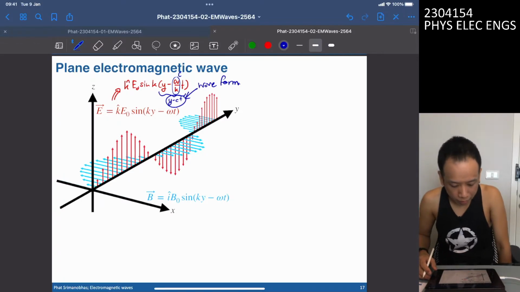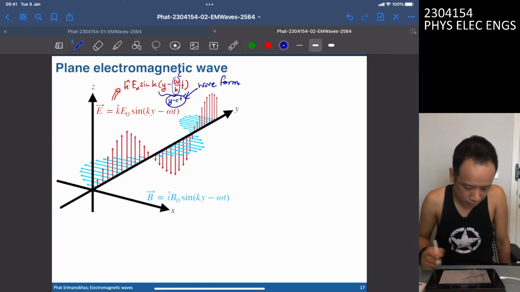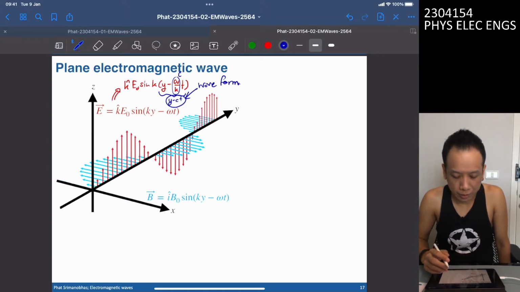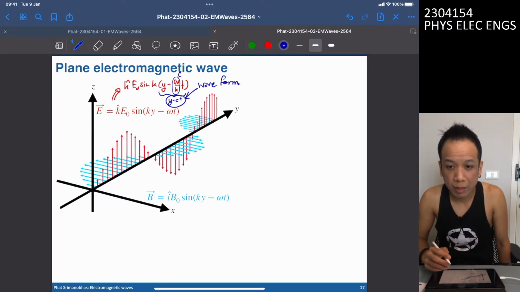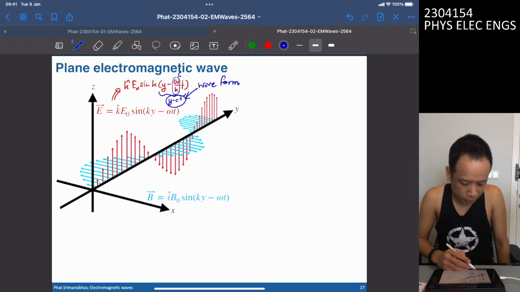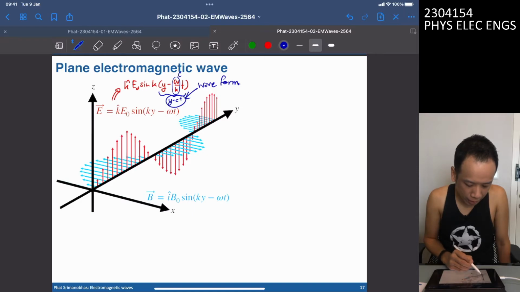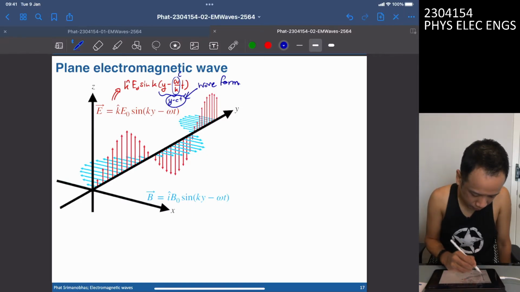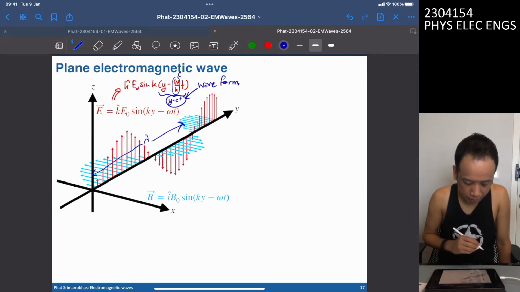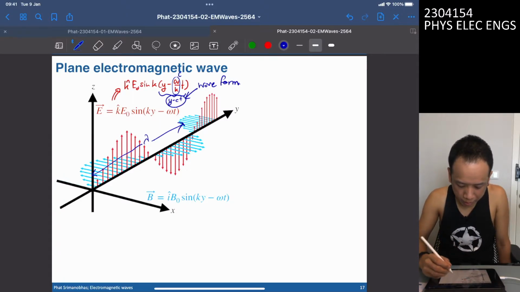For example, the wave behaves the same when it's repeating, when it's traveling and the distance becomes lambda, the wavelength. So what is lambda?